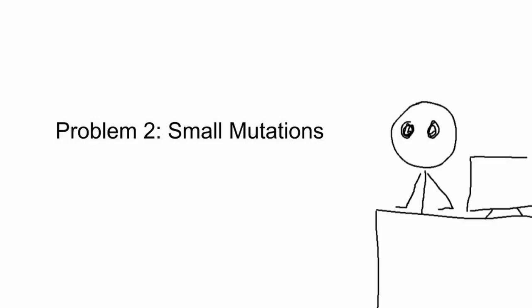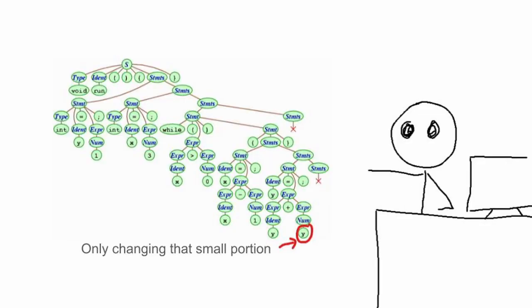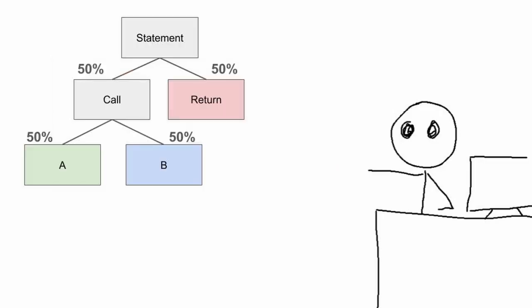Going back to the parse tree implementation of grammar in a grammar-aware fuzzer, the mutations that are performed are really small. For example, one small alteration in a subtree changes a specific single function call. For example, back to our other example, it would change instead of doing the function call A, it would do the function call B. Now, this sure is a valid mutation, but it's not a very diverse one.